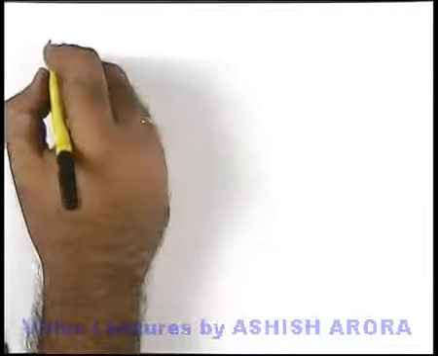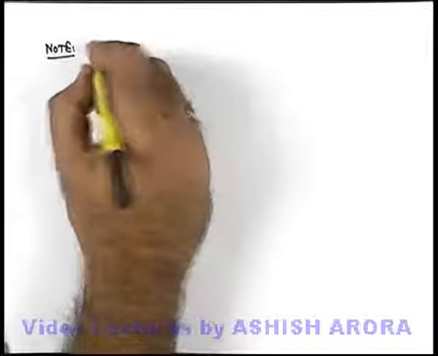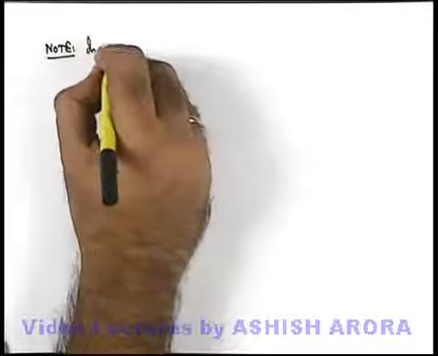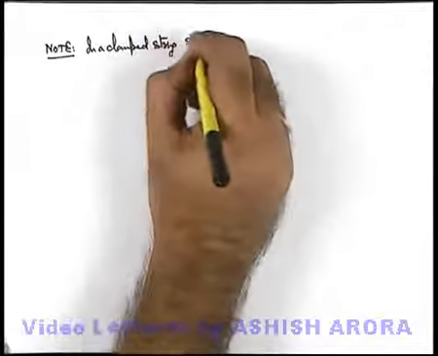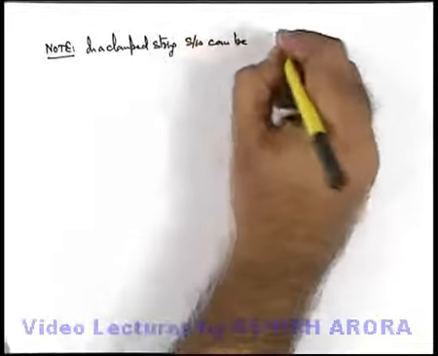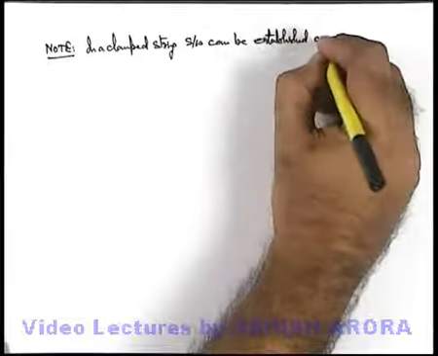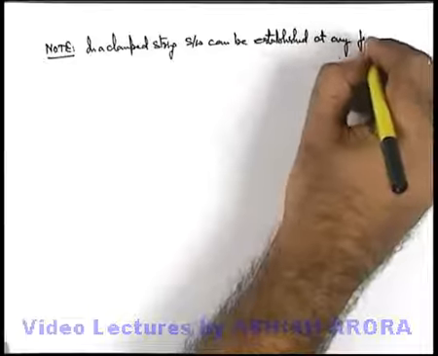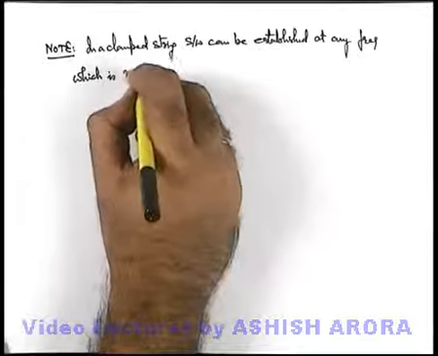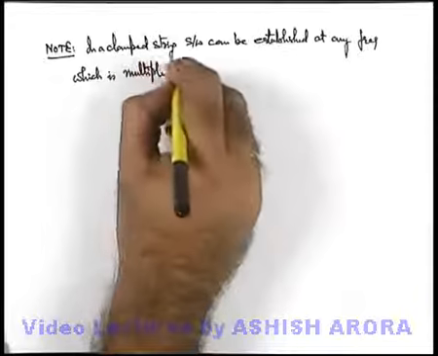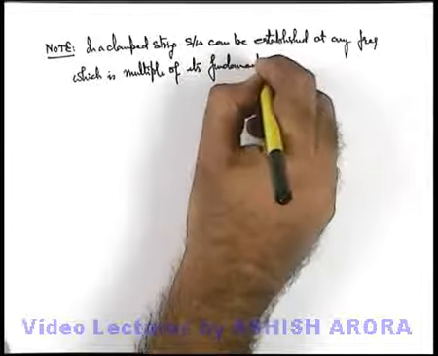Let's write down the concept of formation of a stationary wave in form of a note, in which we can state: in a clamped string, stationary waves can be established at any frequency which is a multiple of its fundamental frequency.